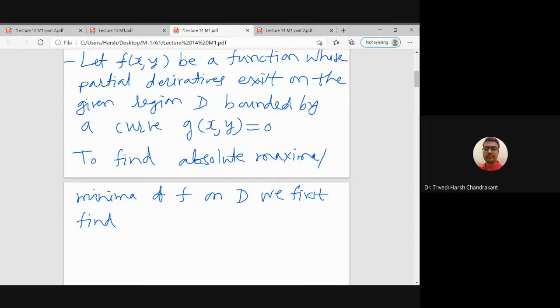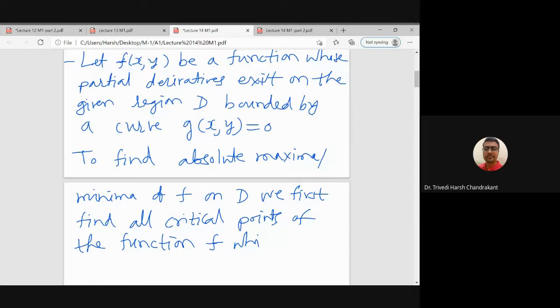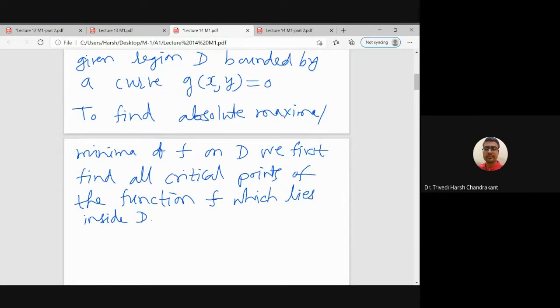So first we will find all the critical points of the function f which lie inside D. f is a function which may be defined on a larger set also, but basically we are concentrating on the points of the domain only, not outside the domain.